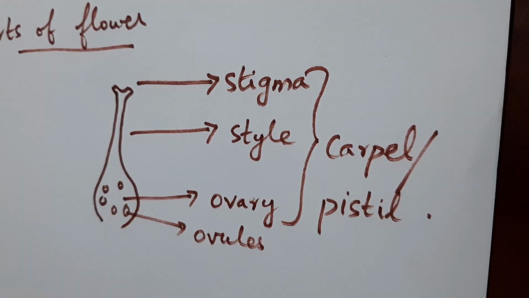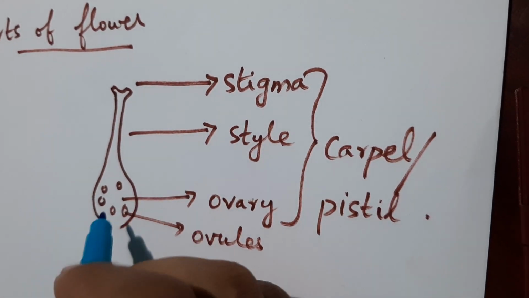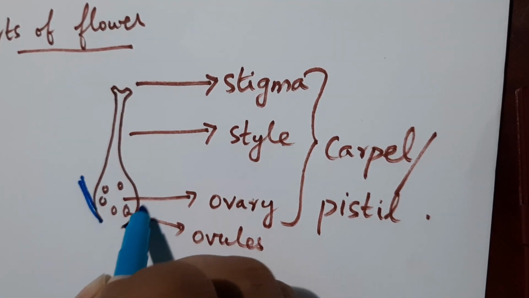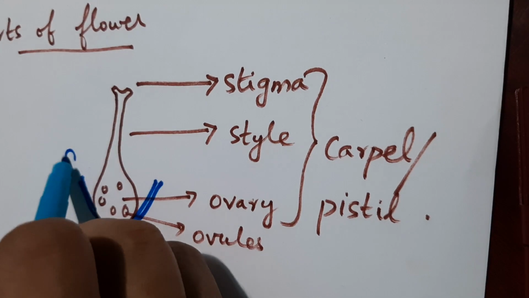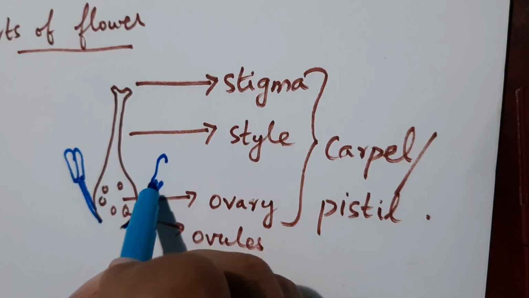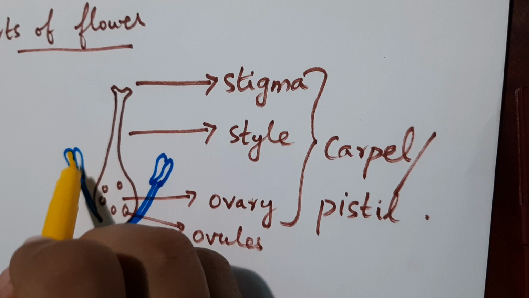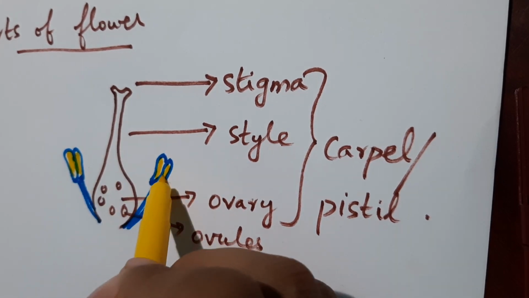whorl, the next layer comes the stamens. Stamens are the male reproductive parts of the flower. Stamen consists of two parts, a bilobed anther at the tip. It is inside these anthers that the pollen grains are found.